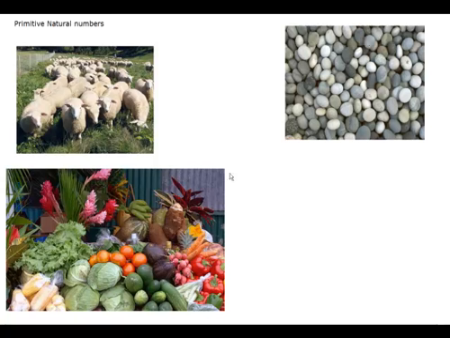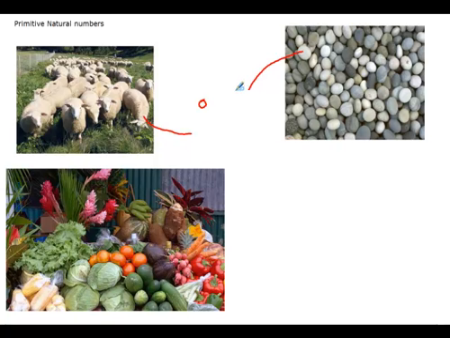The other way was using pebbles. For example, as each sheep comes in, one pebble is taken out. Remember, at that time the word one, which I use in my expression right now, had not been invented.